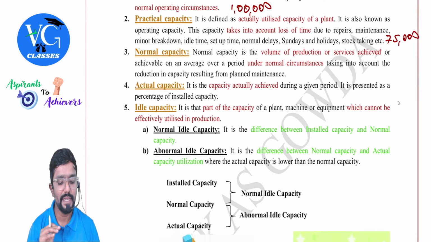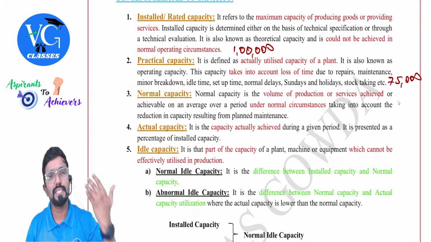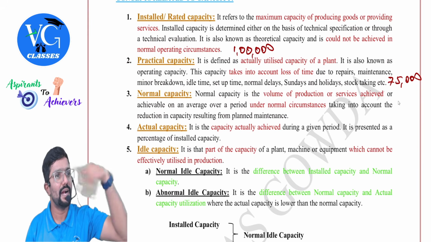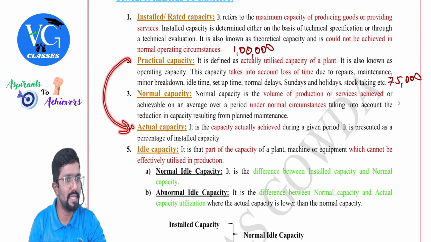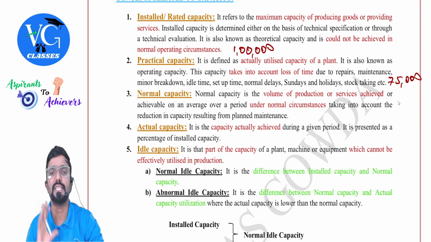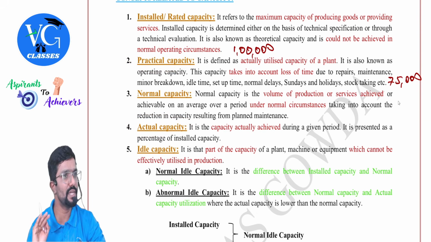Clear? And practical is like they would have estimated both normal as well as abnormal and told on an average how much you can achieve. That is like 75% of the installed capacity. Clear? So I can tell almost both are same, but practical normally will be based on estimation, whereas actual is what capacity is utilized, after considering both normal as well as abnormal, the capacity you have achieved.